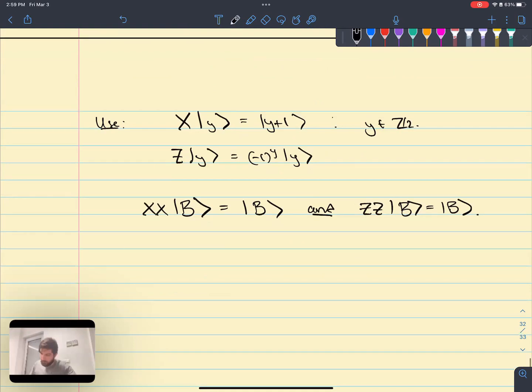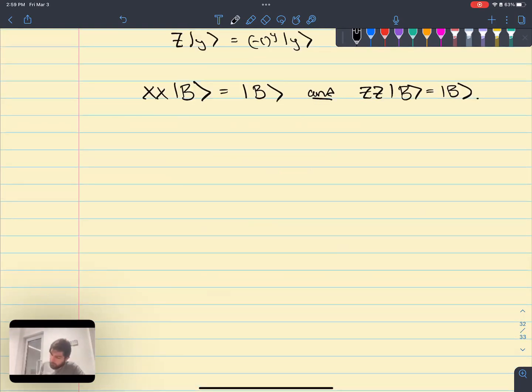In fact, you can go further. This one I won't show, because it's not hard to show, it's just working out a little bit of algebra. Okay, maybe I will just backtrack a little bit. This is an interesting fact.